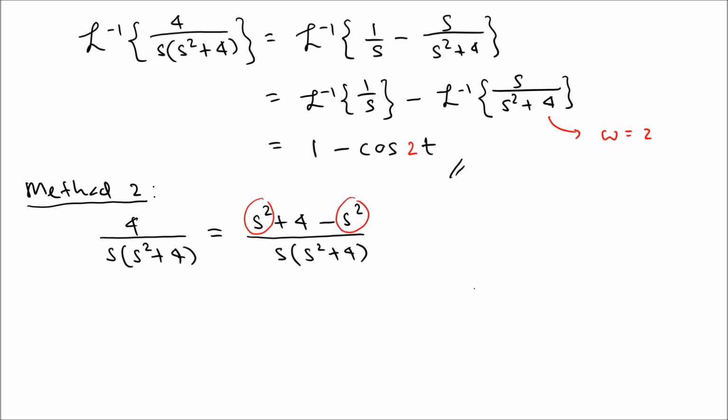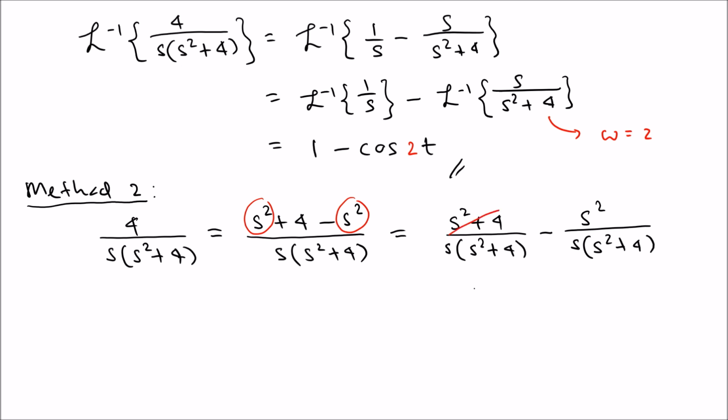Now we're going to split this into two. I'm going to collect the first two terms, and write this as s squared plus 4 over s times s squared plus 4, minus s squared over s squared plus 4. Now you can see there is a nice simplification here.